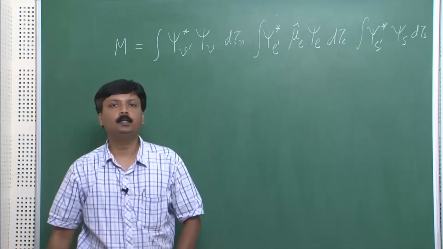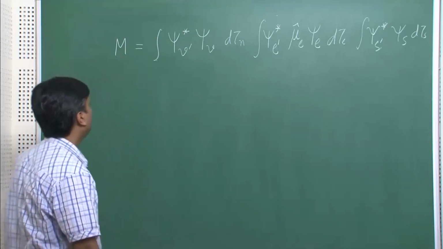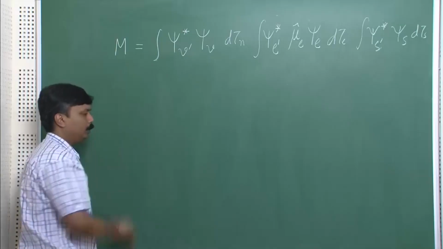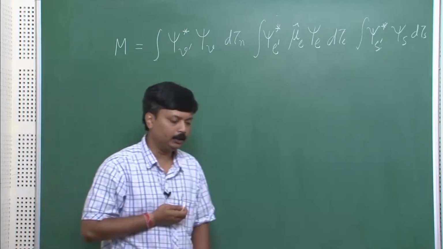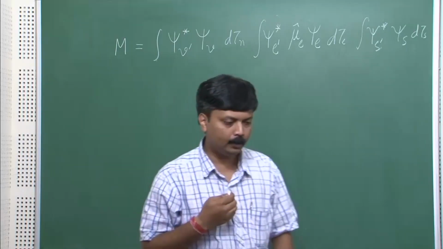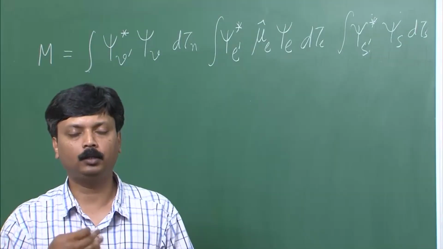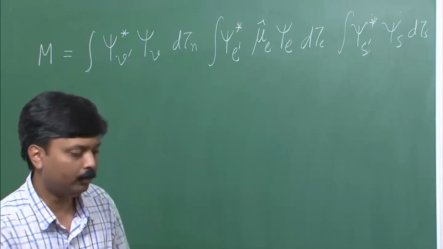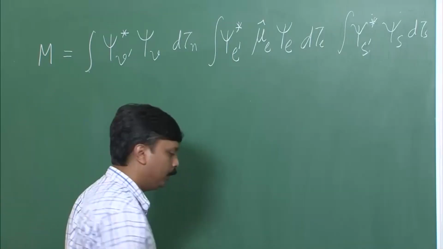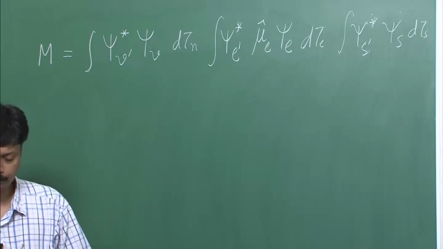So these were the three integrals that we got ultimately for an overall electronic transition, and we came to this by using the condition of orthogonality of two electronic levels.